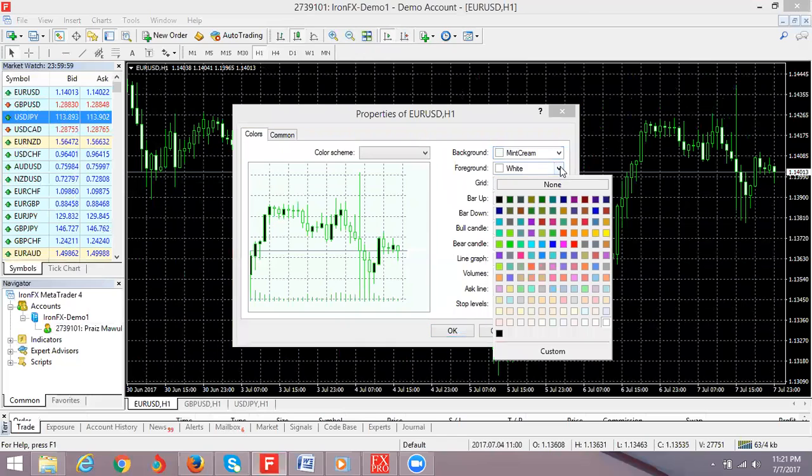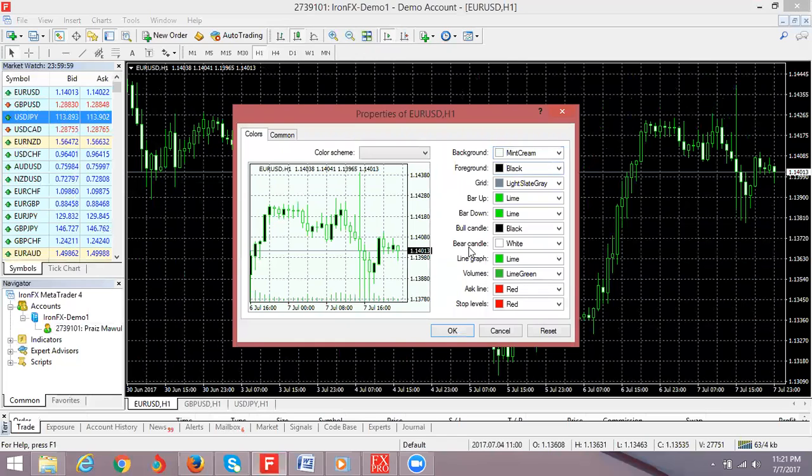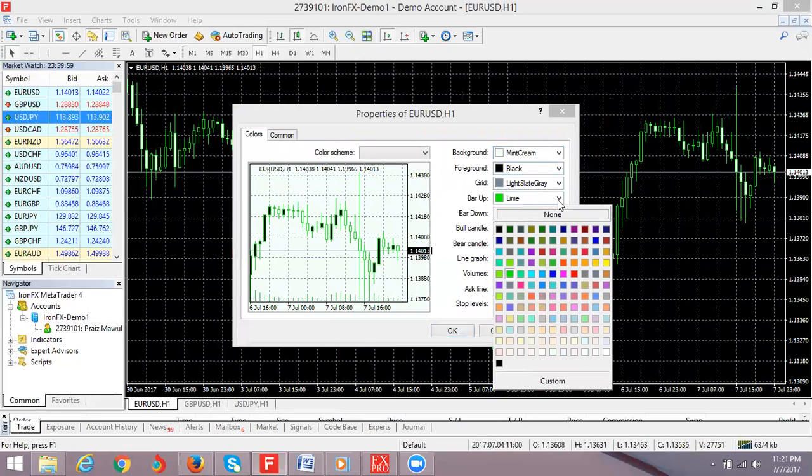Then we have foreground. You can make it black or blue. Let's say black. Then the grid. The grid is these checkered boxes on it. Normally, I take it away. I don't really bother myself with the grid. So we have bar up. I like it like this.